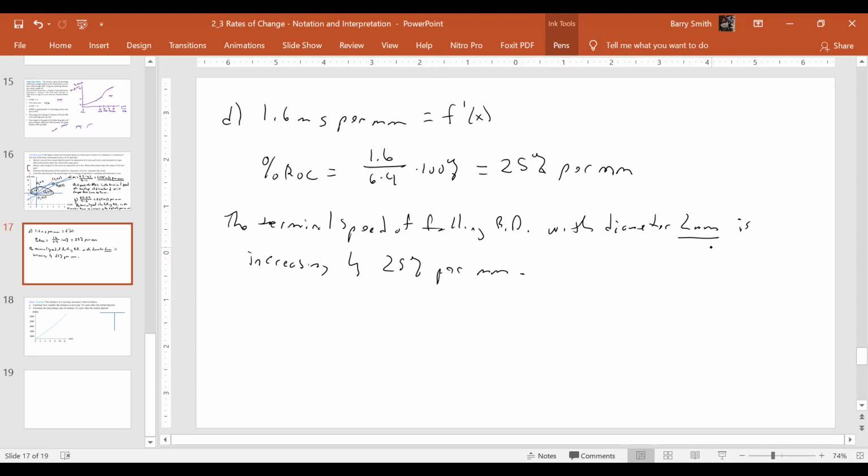So that would be what we need for the percent rate of change. First, we had to get our f prime, which is the tangent line at that 2. Then we divided by the y value at 2 times 100%, got our 25% per millimeter, and then we wrote and interpreted what we found.